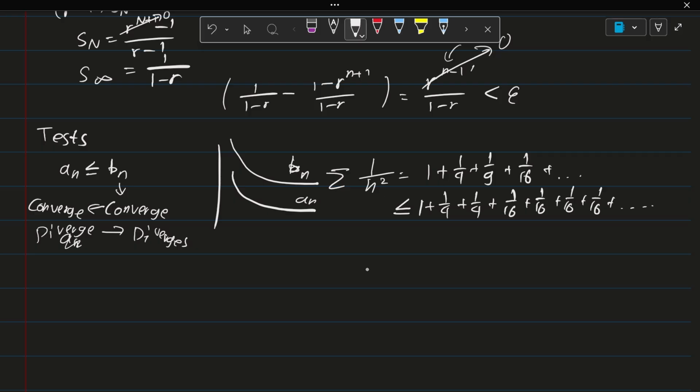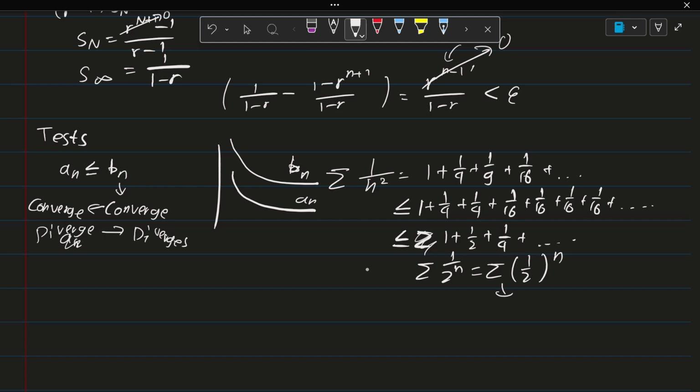So this pretty much concludes that this is the sum of 1 plus 1 over 2 plus 1 over 4 and so on. So this is the sum of 1 over 2 to the power of n, and you know this to be the sum of half to the power of n.